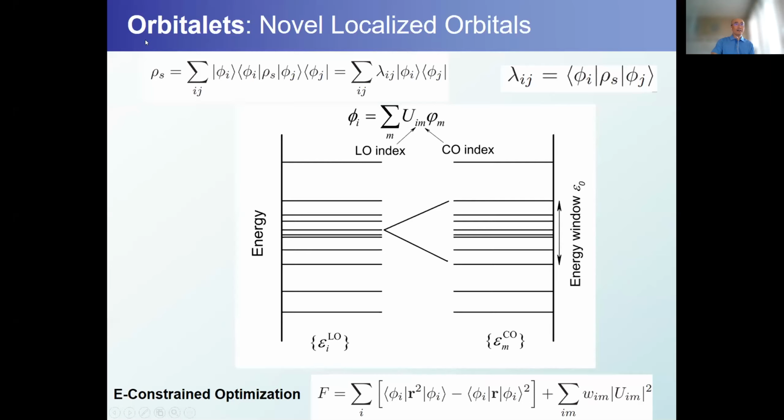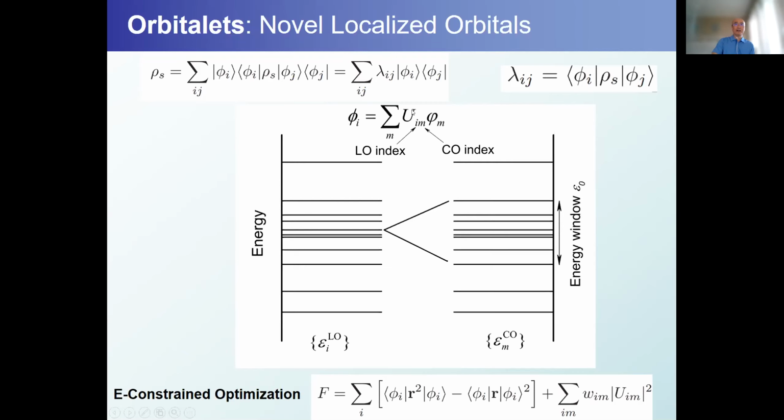So a key quantity that we have to use is called orbitals. It's a normal localized orbital. So we use this set of orthogonal localized orbitals to represent the density matrix, and this lambda ij is the projection of the matrix on the localized orbital density matrix, and this relates to the occupation number of the localized orbital.